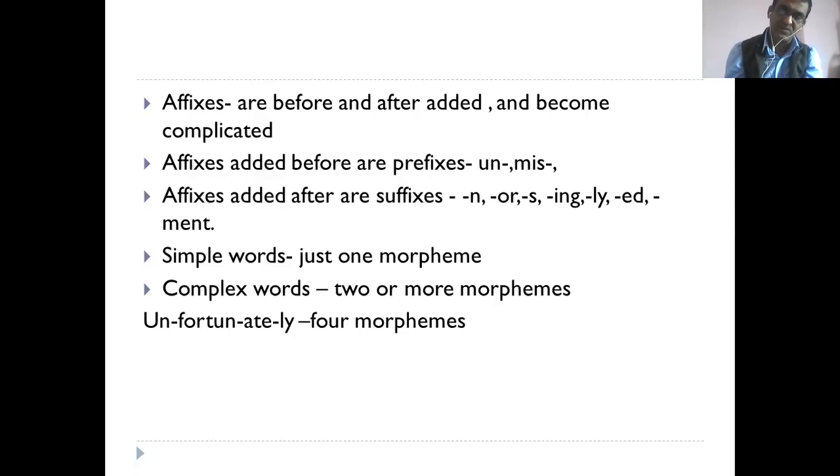So suffixes are the end-part affixes, just like n, or, s, ing, ly, ed, and ment. These are suffixes. Simple words are those which have just one morpheme, and more complicated words are complex words. Complex words are formed by combining two or more morphemes.